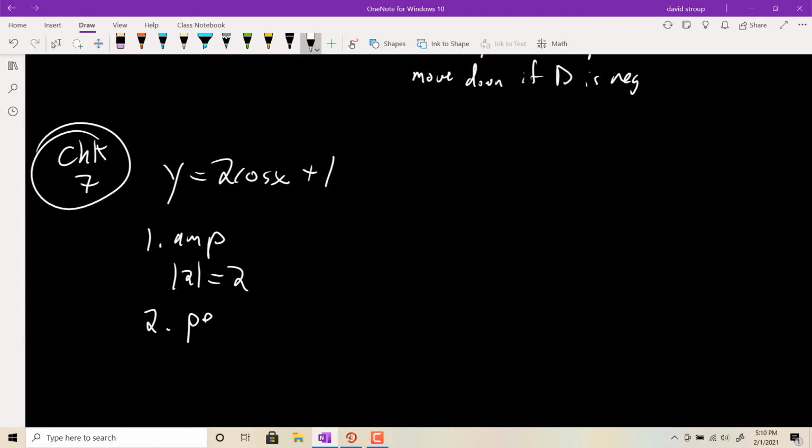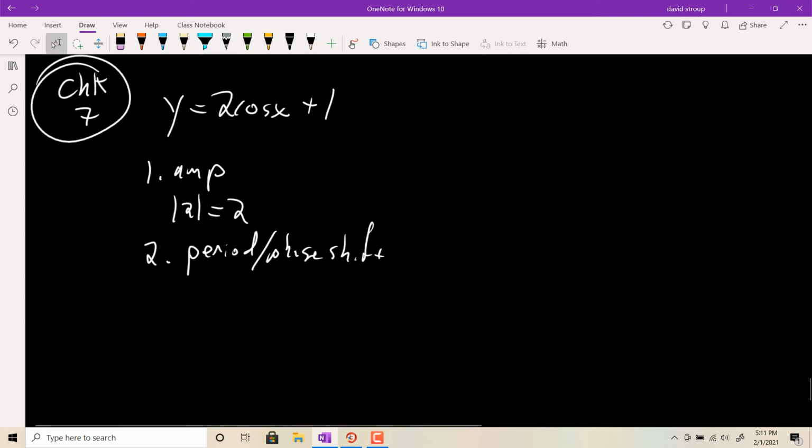Secondly, your period and phase shift. Okay, so you just take the guts of cosine and wedge them in between 0 and 2 pi. No work to do here. The period is 2 pi. The phase shift is 0, so there's no phase shift.